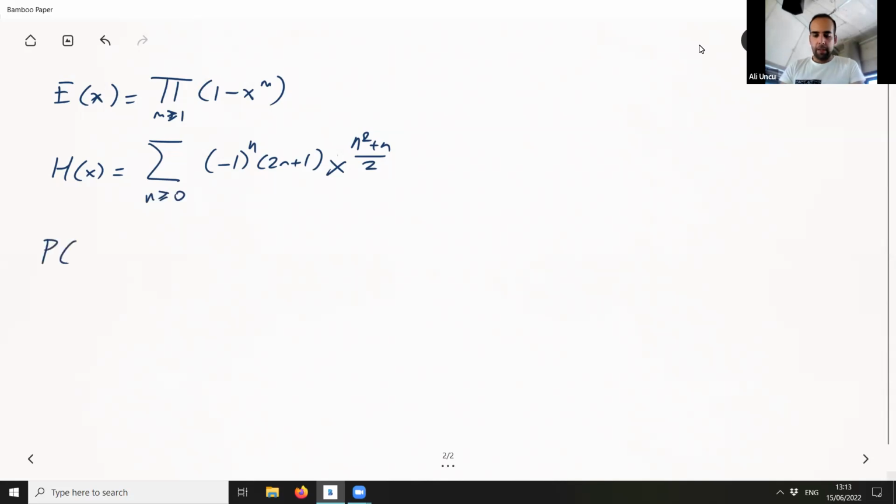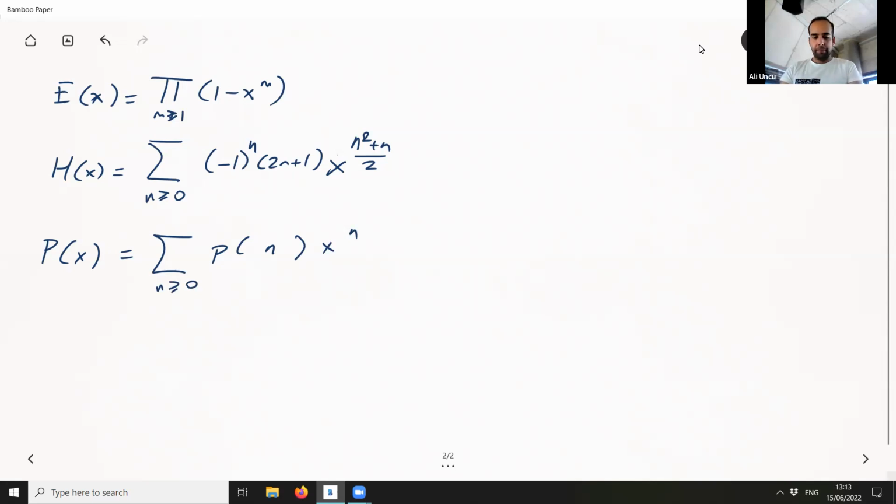I'm so accustomed to writing cubes. And let's say P of x is the sum of these p of n's x to the n, n greater or equal to 0.